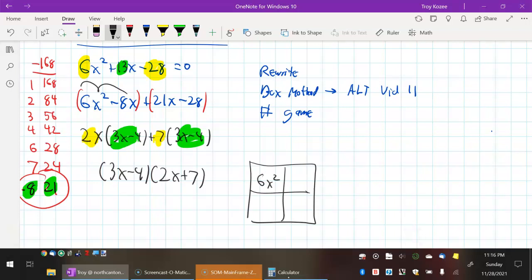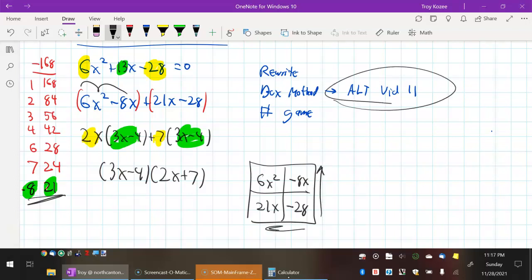The last term goes in the lower right box, and the remaining two boxes are basically you rewriting the middle, but with those 2 numbers that you found. And then you take GCFs up and over. Look at video 11 for more review.